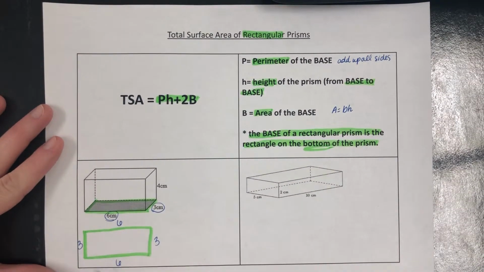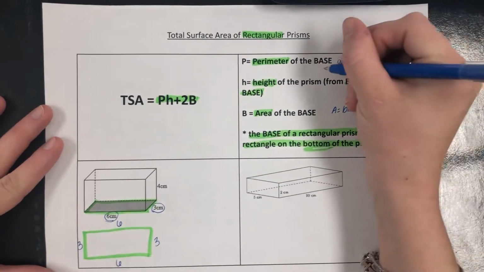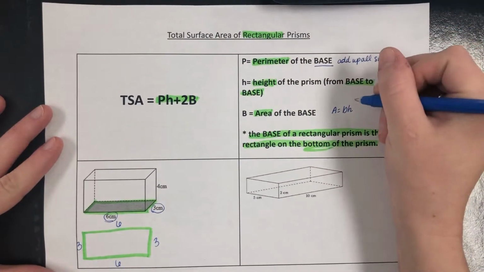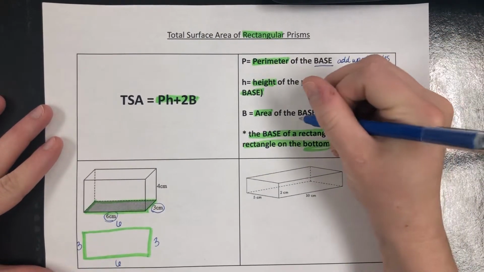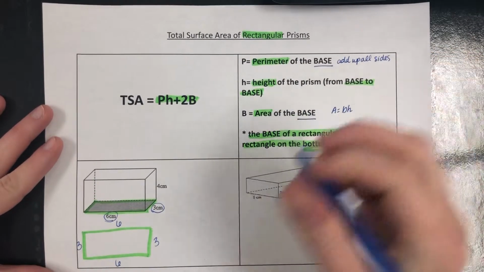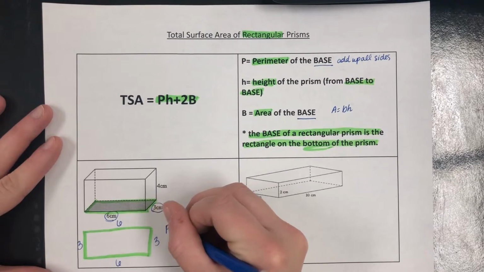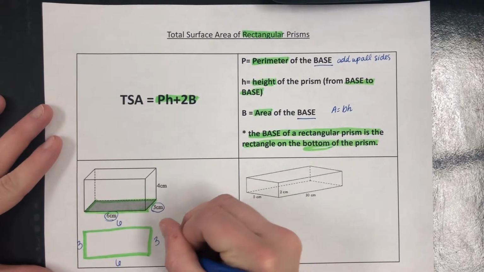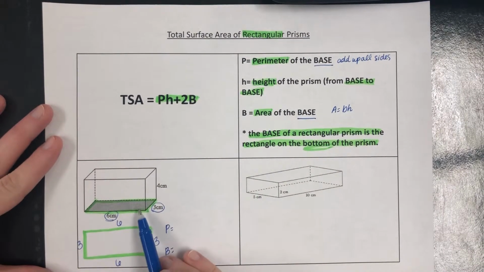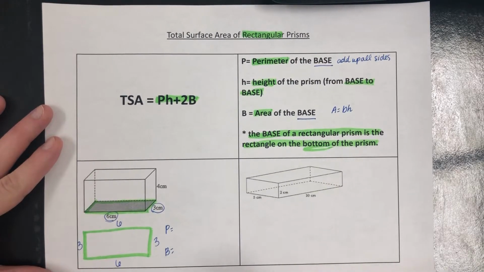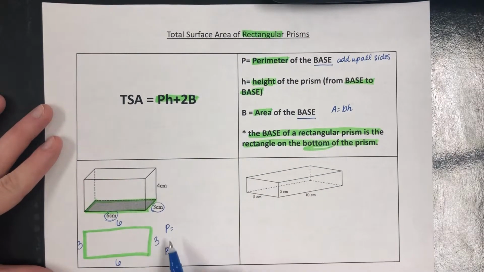Now I've redrawn my base, and since P is the perimeter of the base and B is the area of the base, I can find P and B straight from this. I don't have to refer to the 3D figure anymore to find these two pieces, which makes life a little bit easier.